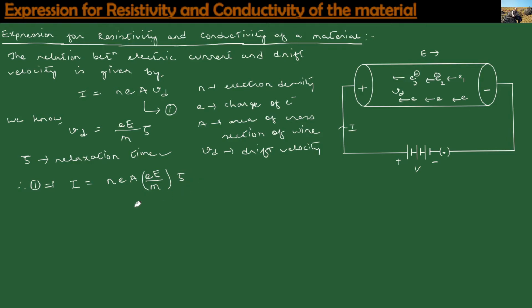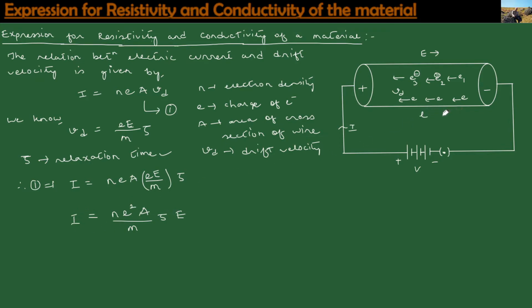Let us simplify this relation. We will get n e square A by m into tau, and then we have E, which is the expression for the electric field.